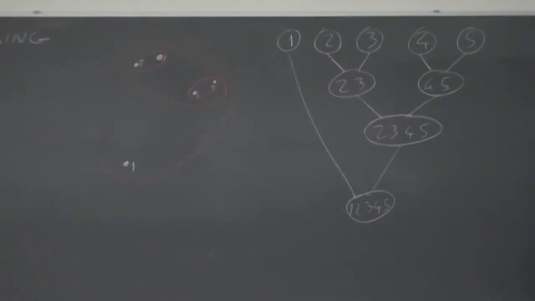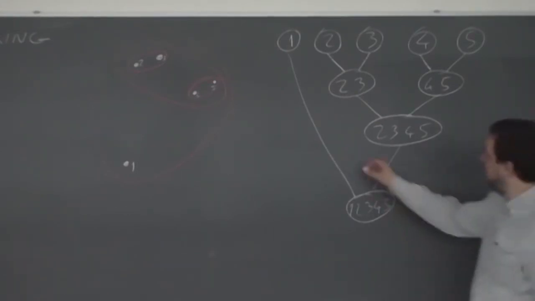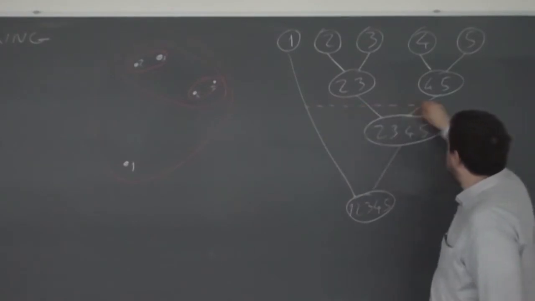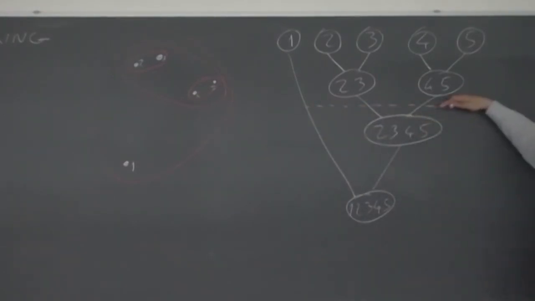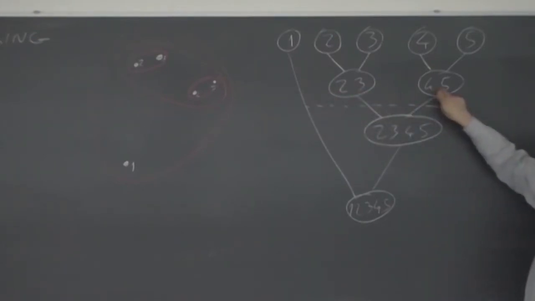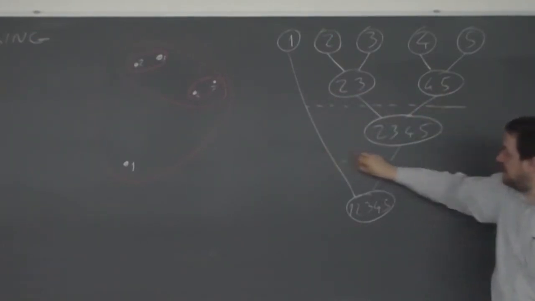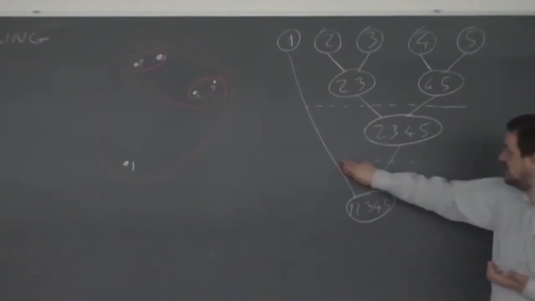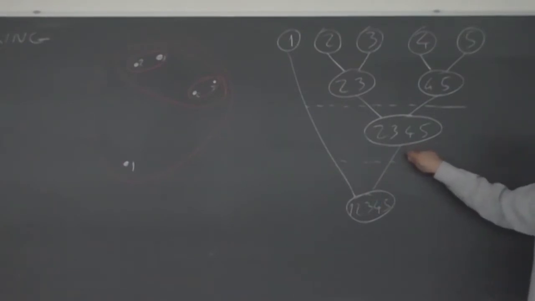So, for example, I can decide that I'm fine with 3 groups. Then I simply stop the procedure here, where I have 3 groups: 1, 2, 3, and 4, 5. Or maybe I find with 2 groups. Then the best candidate for having 2 groups is 1 and 2, 3, 4, 5.